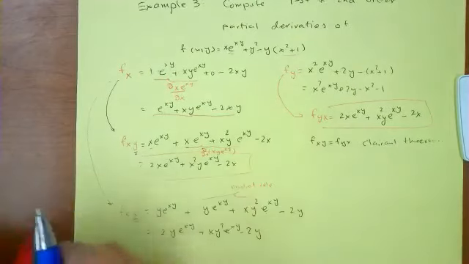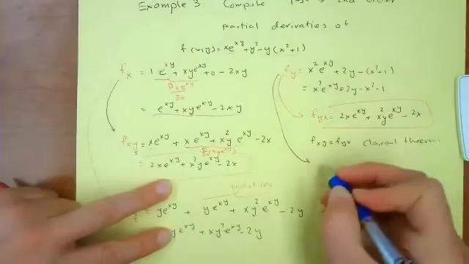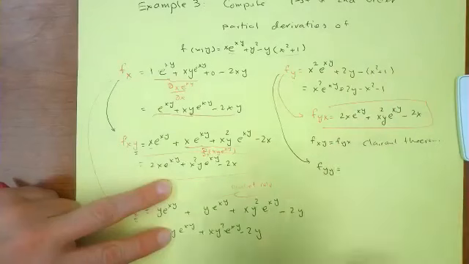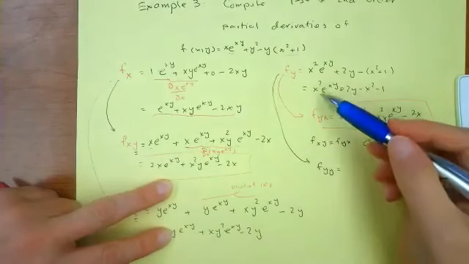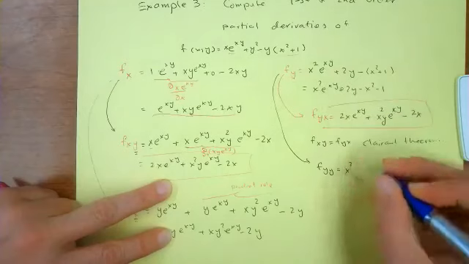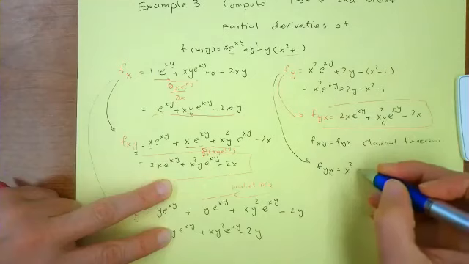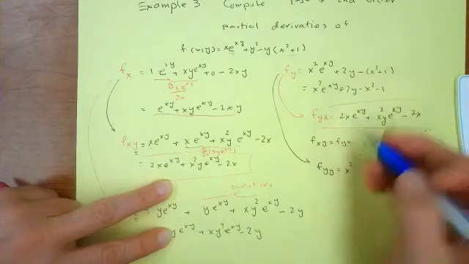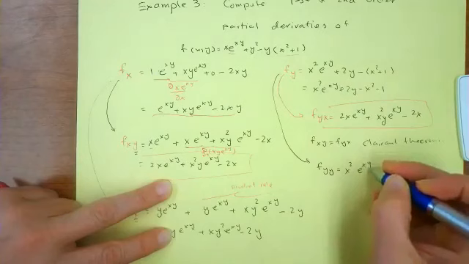The last thing that I want to check is f y y, which I want to find. For f sub y, x squared is a constant in here. Take the derivative of the exponential with respect to y, so I get e to the power xy.